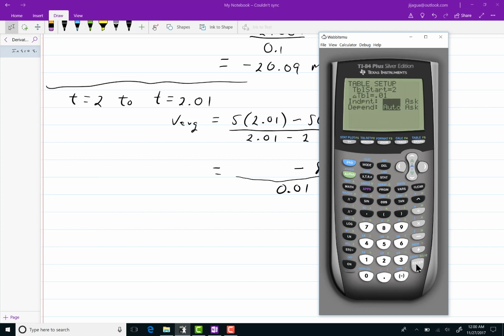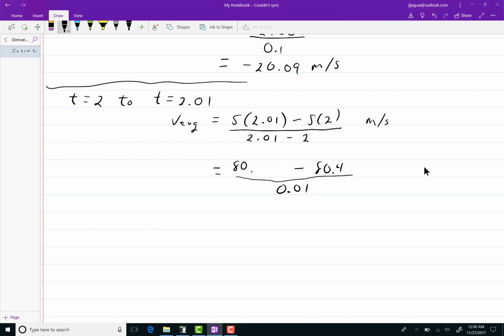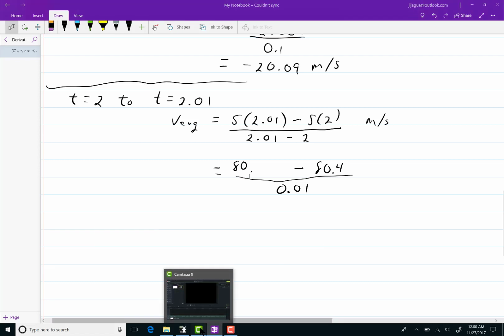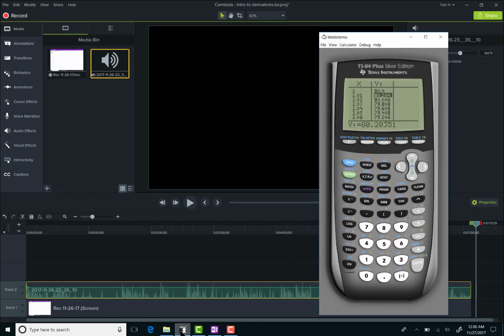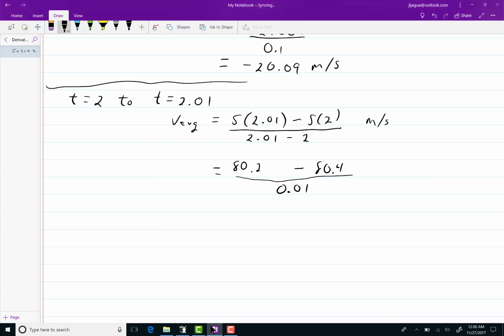Then I'll look at the table values for 2.01. Here I get 80.20351. I might cut this down to 2 or 3 or 4 decimals.